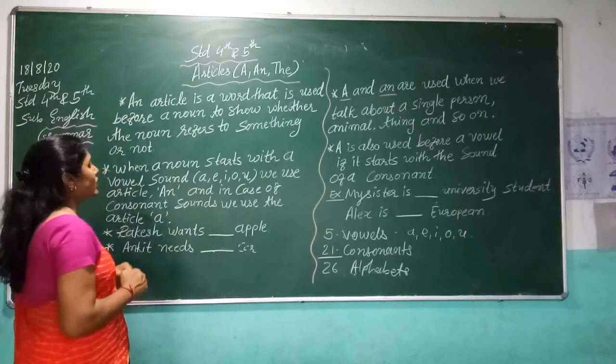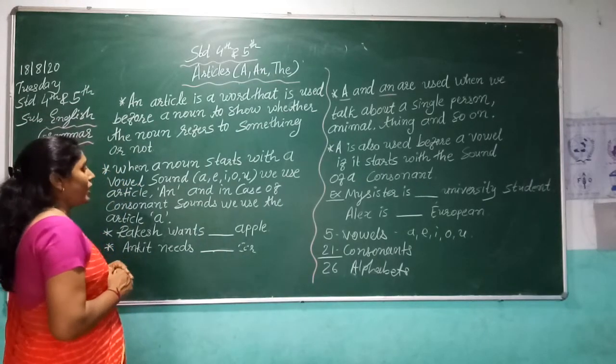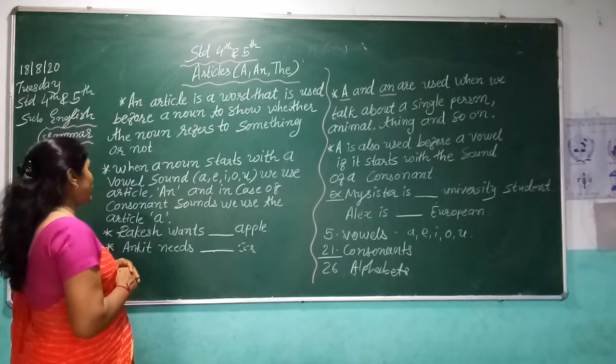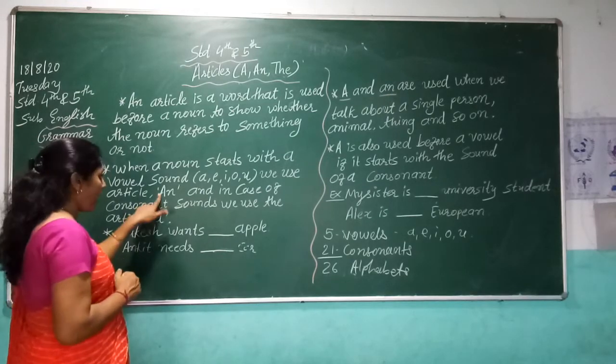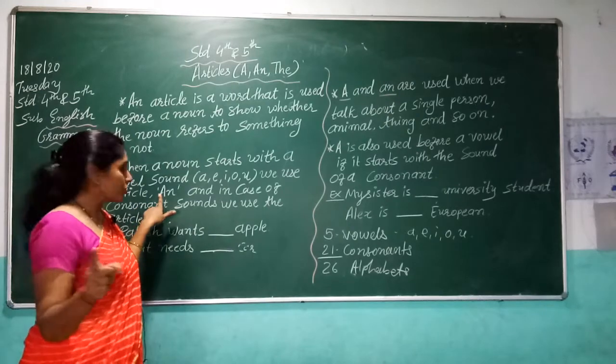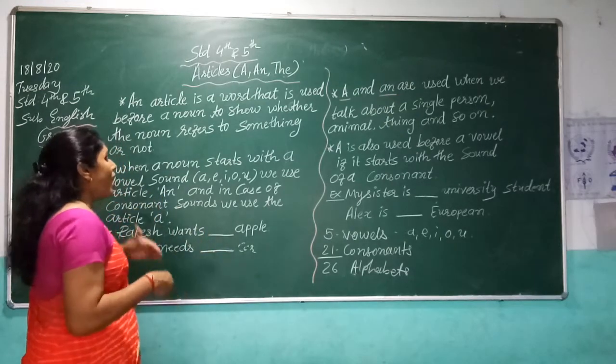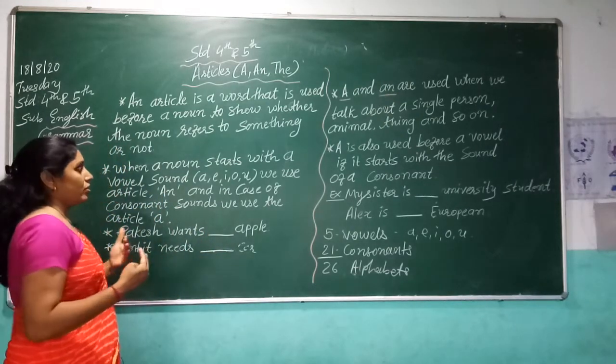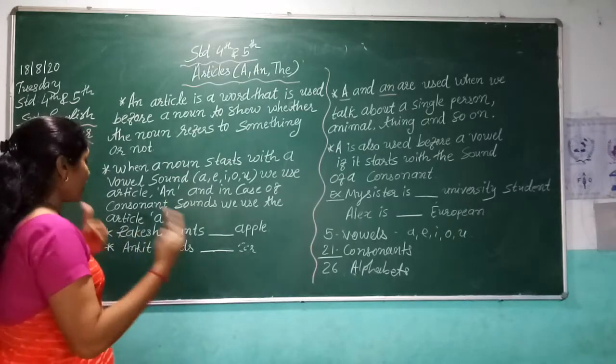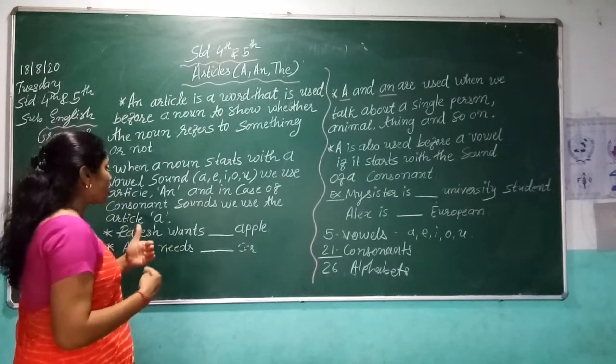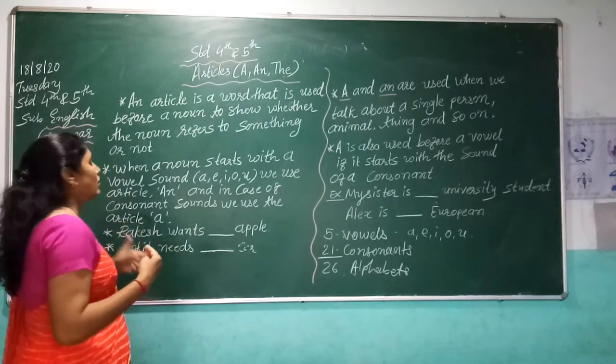When a noun starts with a vowel sound we use the article an, and in case of consonant sounds, we use the article a.